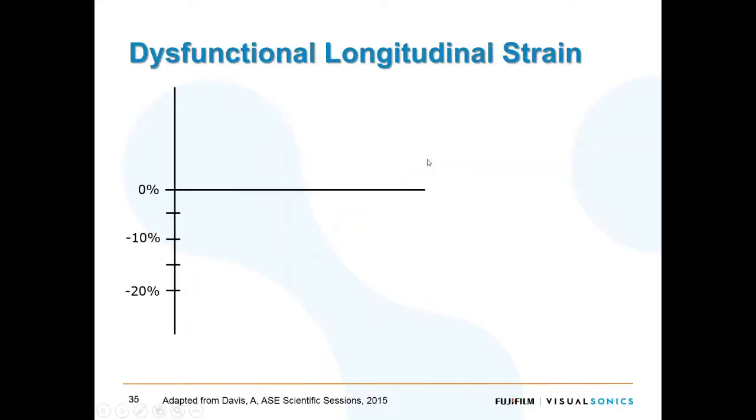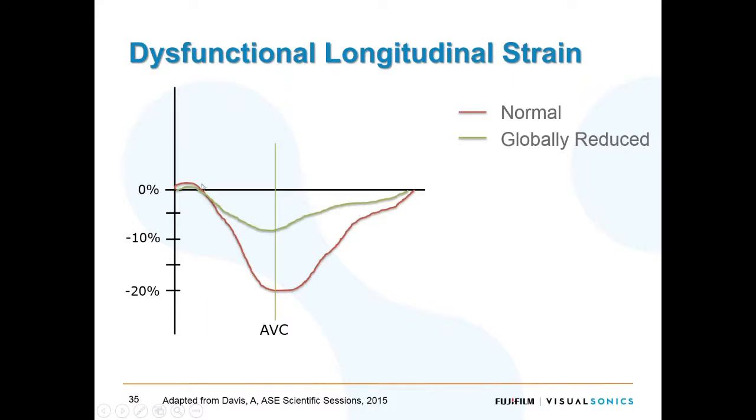What about dysfunctional longitudinal strain? What does that look like? Let's put our normal strain values on there with the aortic valve closure marked. The first common type of dysfunctional strain would be something that looks like this green line. It pretty much looks like the same pattern as the red one, but it's smaller. That indicates that you have globally reduced strain, or less contractility during systole.